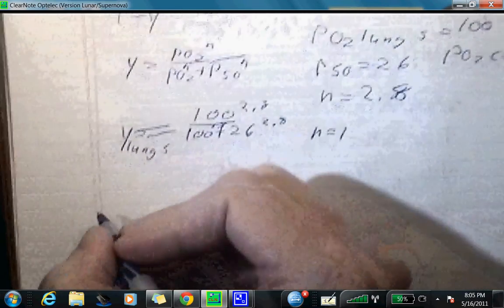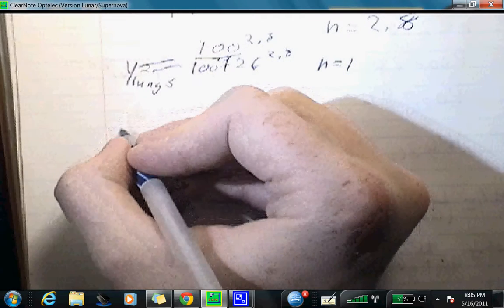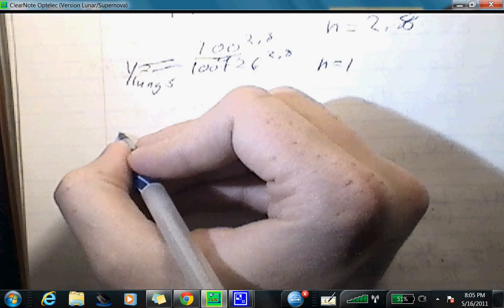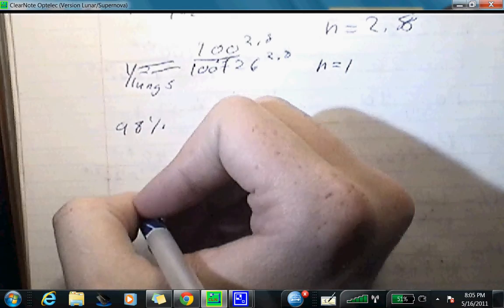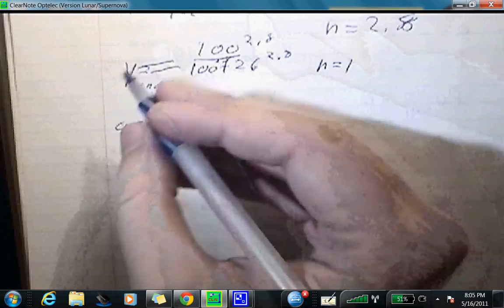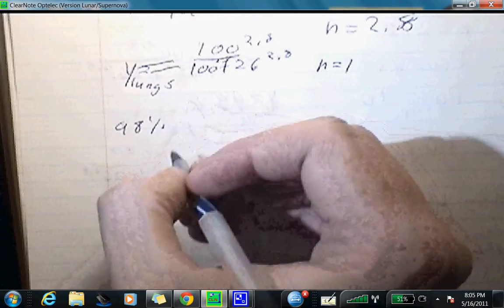Once you calculate this all out, you should get something around 0.977, or I like to just round up and say 98%. Or you can also say 0.98. Either way, it's good.